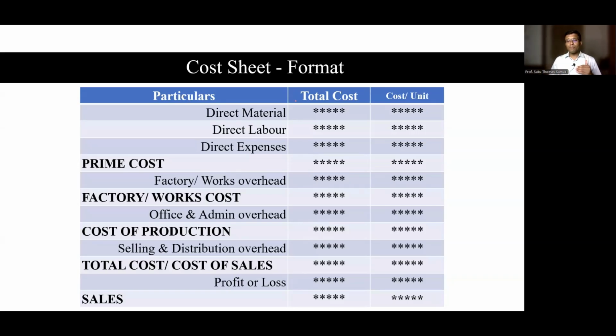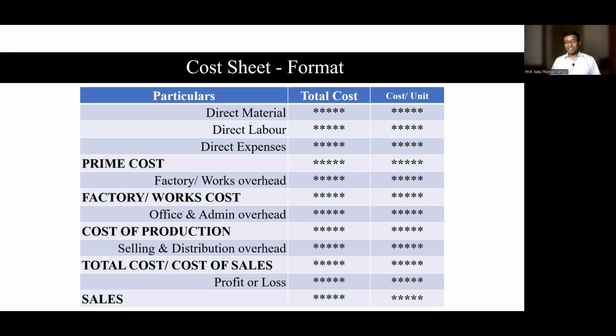Now let's discuss in detail about the preparation of the cost sheet. We would always start off with direct material, direct labor, and direct expenses. This is referred to as the prime cost in an organization. Prime cost plus factory overhead or works overhead gives you the factory cost or works cost.